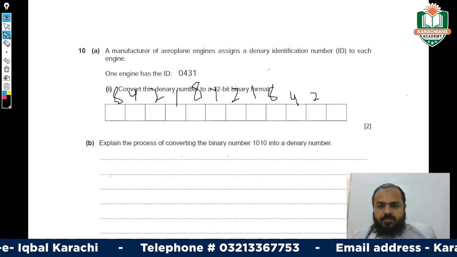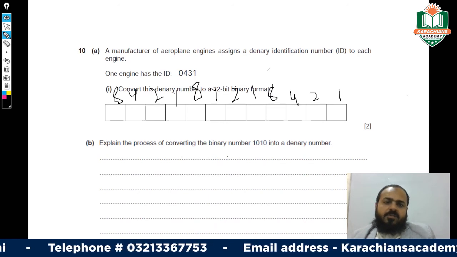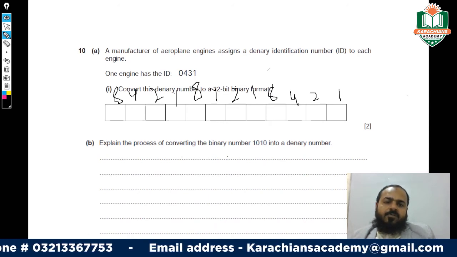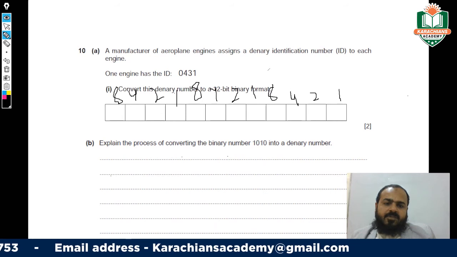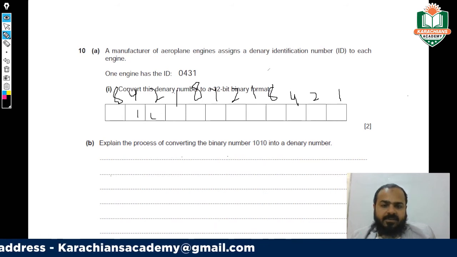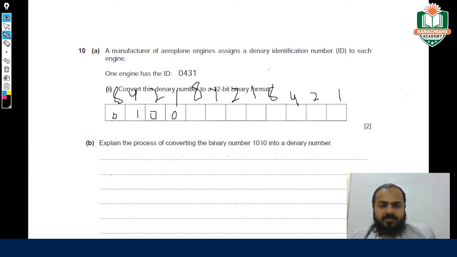4, 2, 1. So in the first group we have to power on 1, and the rest of them become 0. Okay. Then again we have 3.